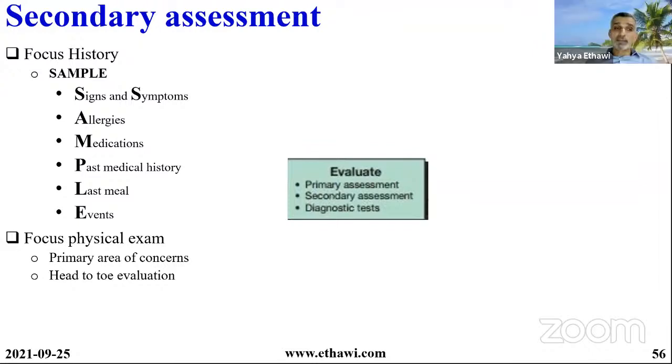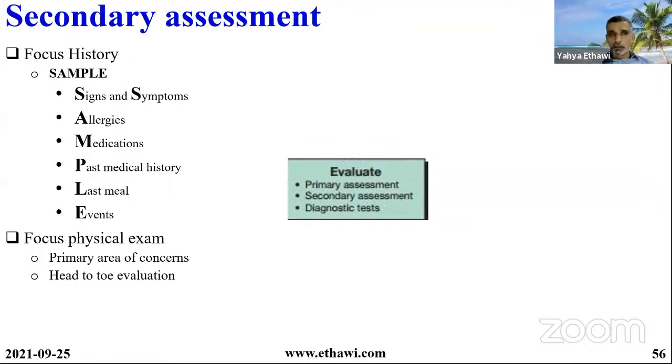For the secondary assessment, we have focused history and focused exam. In the focused history, we use the acronym SAMPLE. And remember, our evaluation is primary assessment, secondary assessment, diagnostic test. Remember, you are chasing time, you want to catch up, so the focused history is very important.